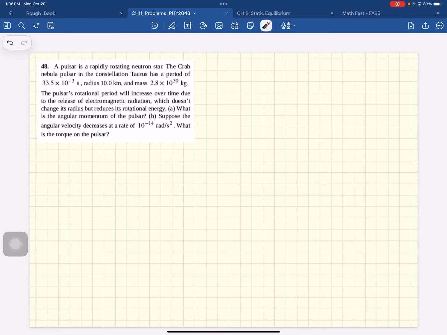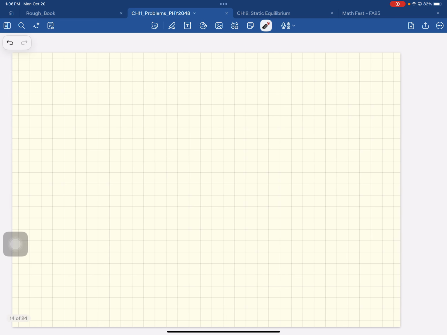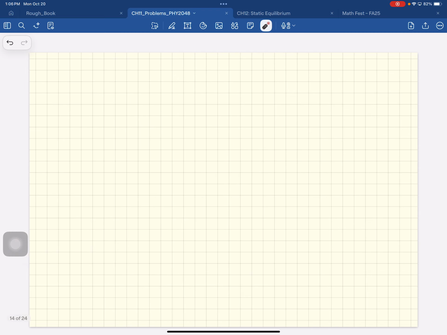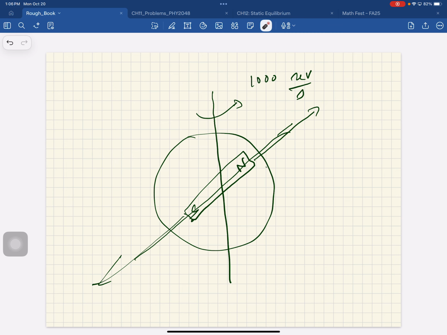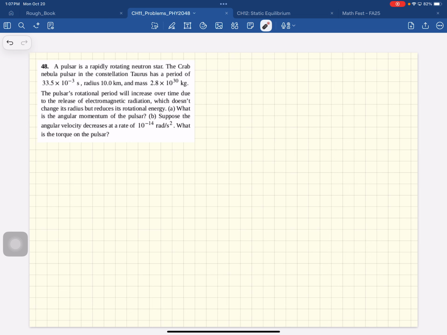The pulsar's rotational period will increase over time due to the release of electromagnetic radiation. So it's losing energy and it'll slow down, which doesn't change its radius but reduces its rotational energy.